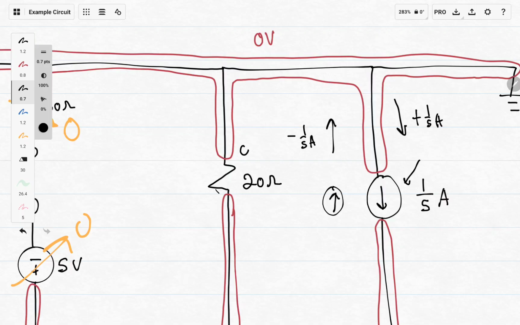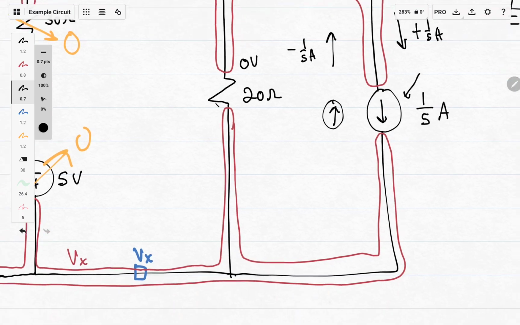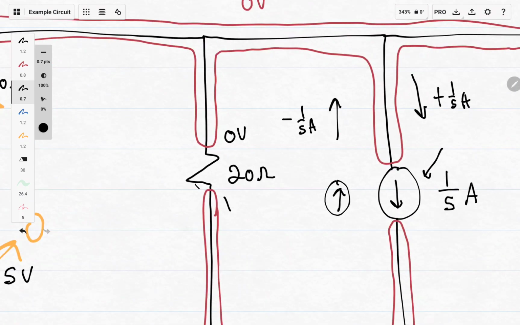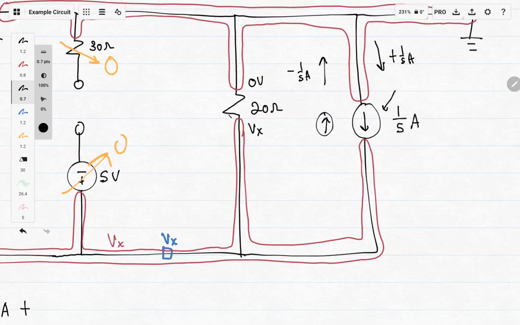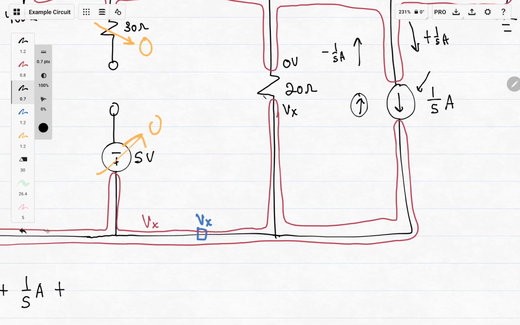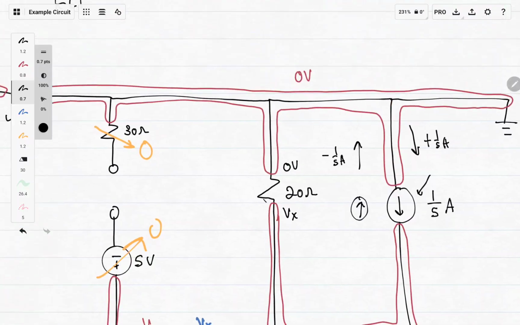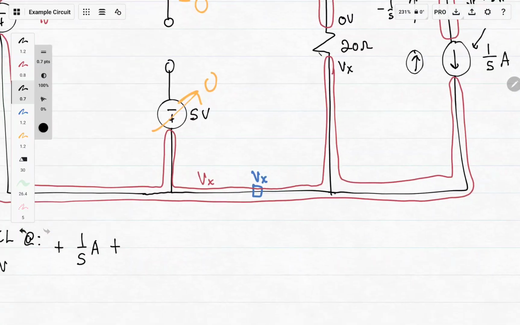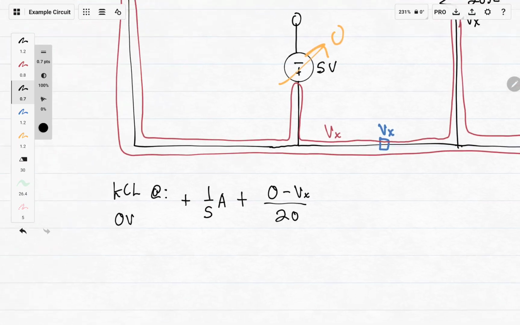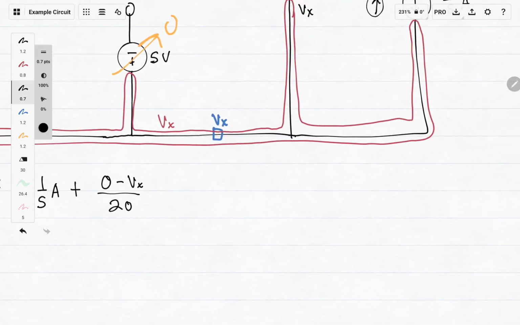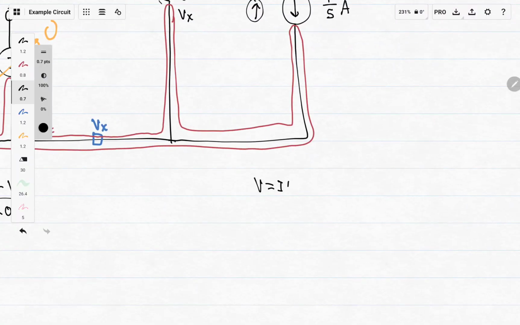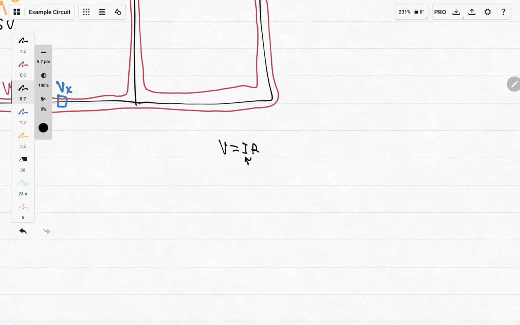And the next thing we encounter is this resistor. Right here there's 0 volts as we established because that's the node. And the other node over here is Vx. So what we're trying to find is the current that goes through here. And we can describe that current by 0 minus Vx over 20, because based off the convention of V equals IR, we're trying to find the I in this equation.